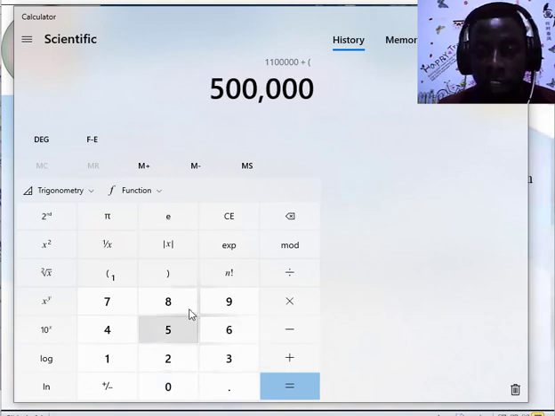So that will give us a total of 1 million.